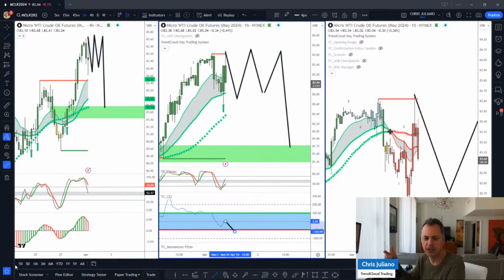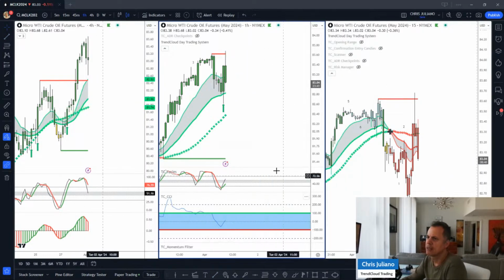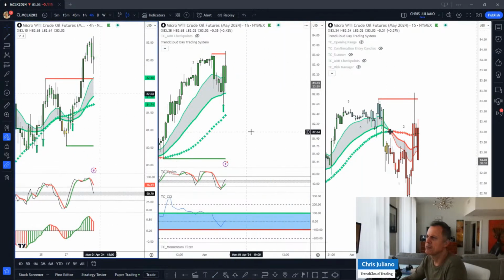Then we can start looking. So you've got mixed signals here. And we like to identify mixed signals as quickly as possible so that we can filter those trades out, right? So we don't really have what we're looking for to set up the trade.